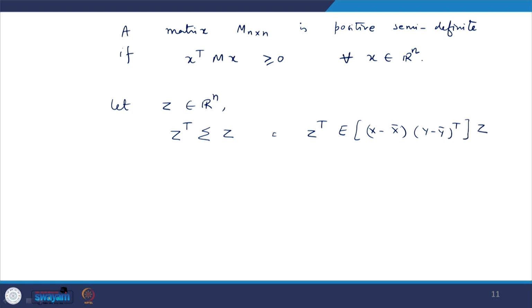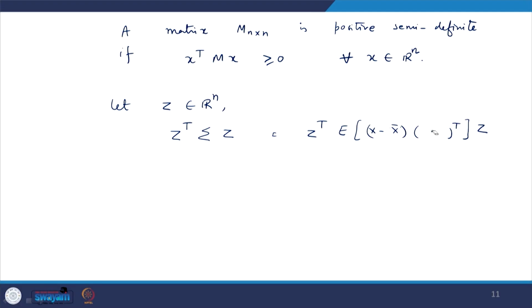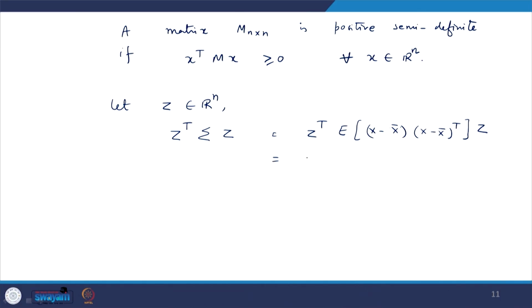Here x is basically x1, x2, x3 up to xn. Because z is a vector free from x, we can take it inside the expectation. So, it is z transpose (x minus x bar) into (x minus x bar) whole transpose into z.